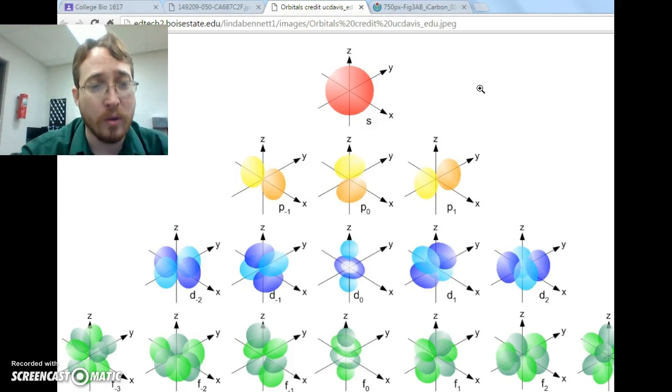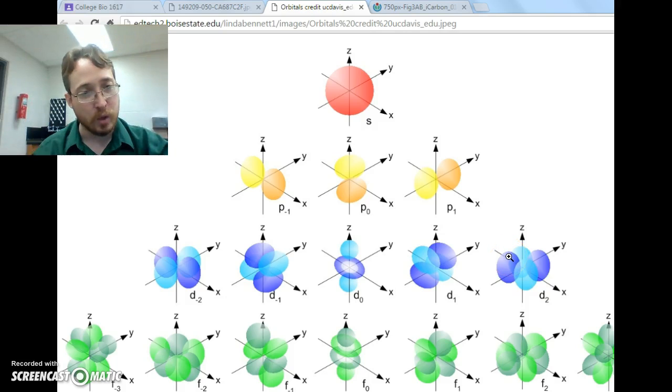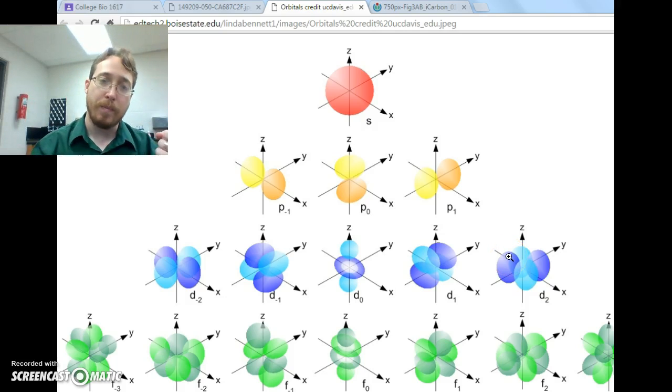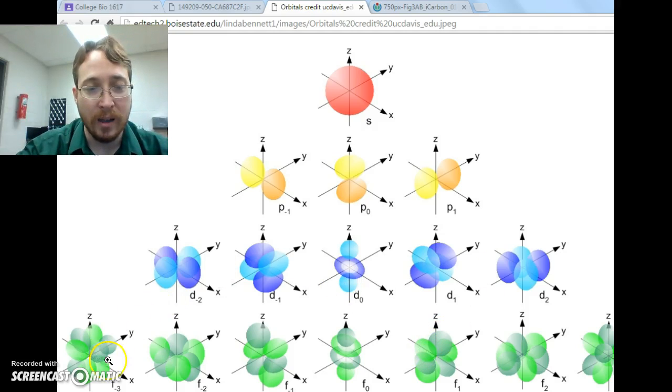So these are the sort of shapes that electrons travel in. These are their orbital shapes. There can be spheres, there can be these barbells as we add more, and they get more complex because the tension between being attracted to the protons but being repelled by other electrons forces them to travel in these oddly shaped clouds.